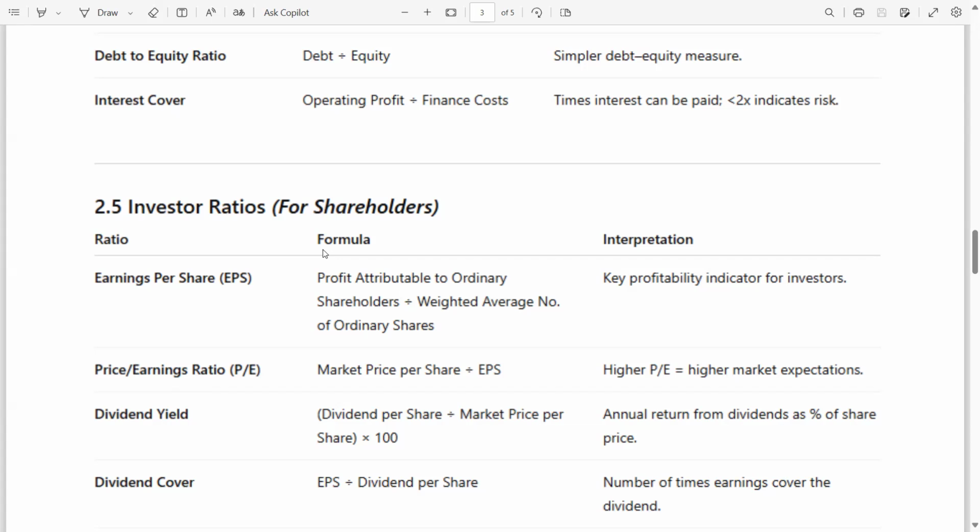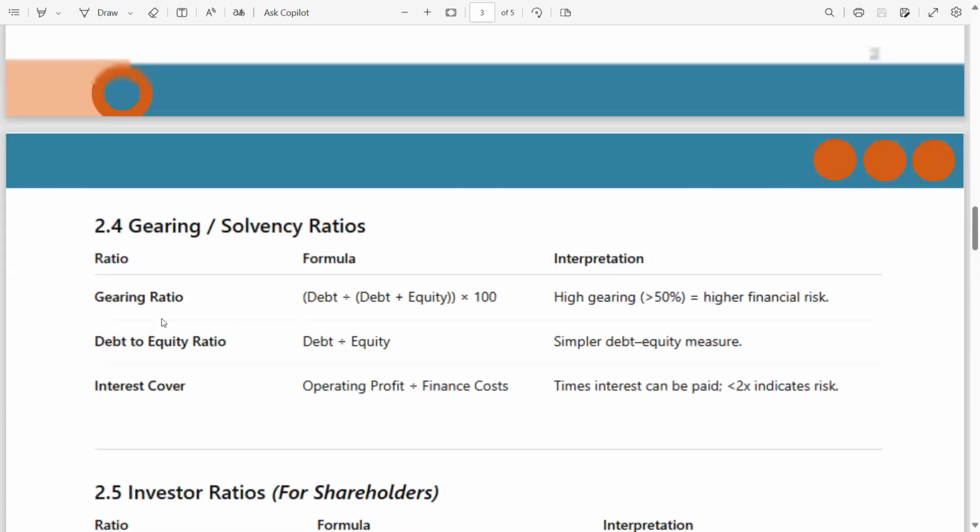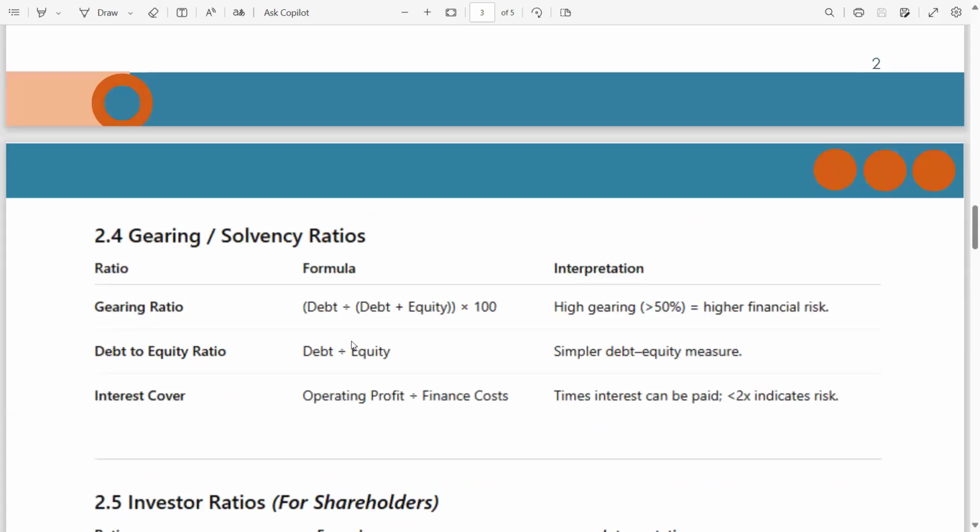Okay. So in these four ratios, the first two ratios are very important. Now, from these three ratios, all three ratios are important, but let me tell you about interest cover. Interest cover means a debt and profitability ratio used to determine how easily a company can pay interest on its outstanding debt.